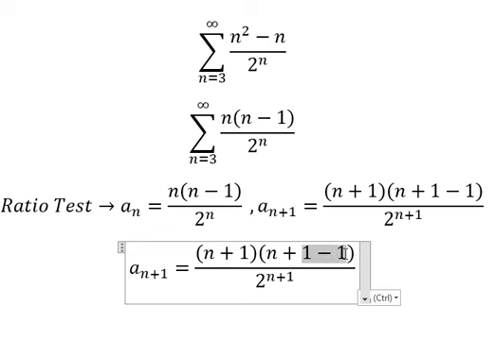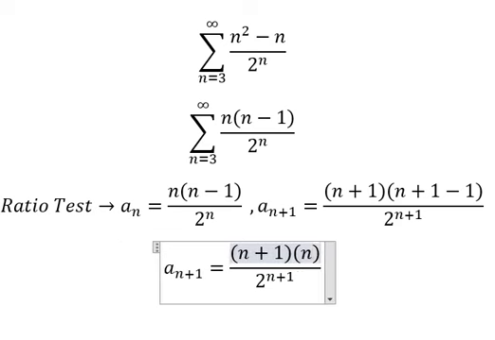So 1 minus 1 we cancel. Now we can use the limit, and that is n approaching positive infinity, and now we have the absolute value.